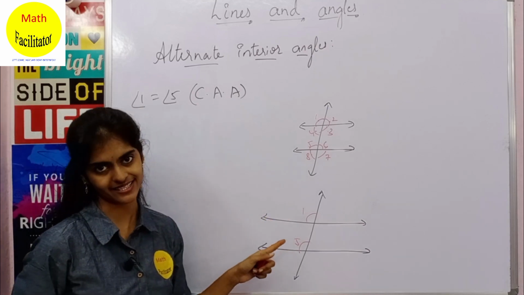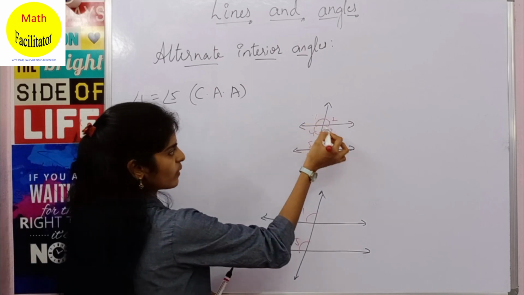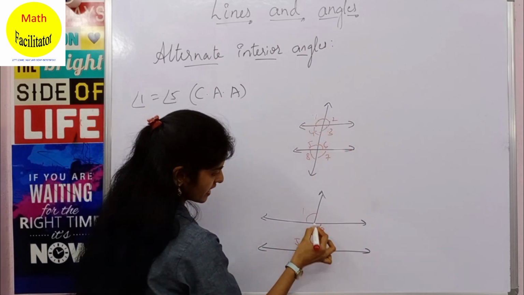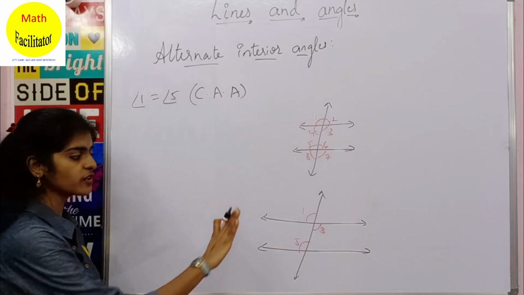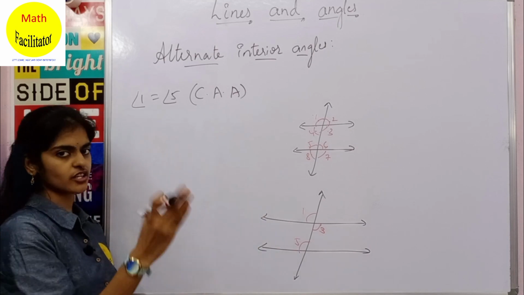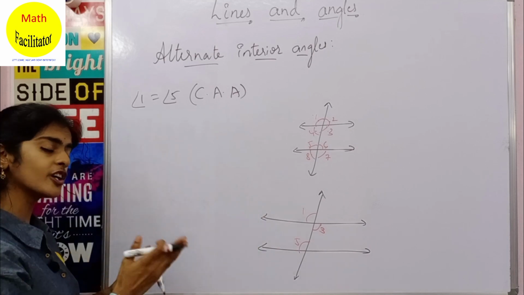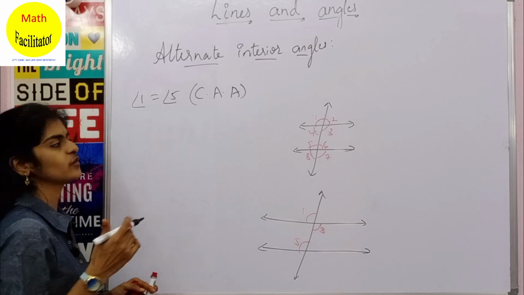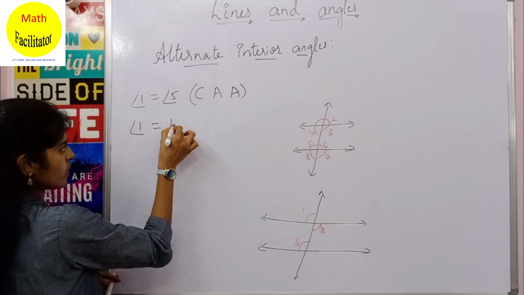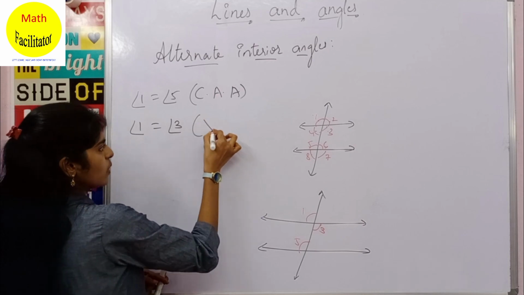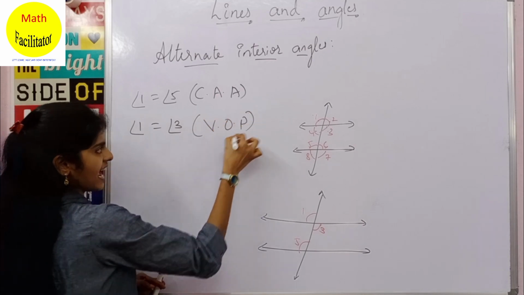Now tell me what are angle 1 and angle 3? They are vertically opposite. You have learned in class 7 that vertically opposite angles are also equal. So angle 1 is equal to angle 3 since they are vertically opposite angles.